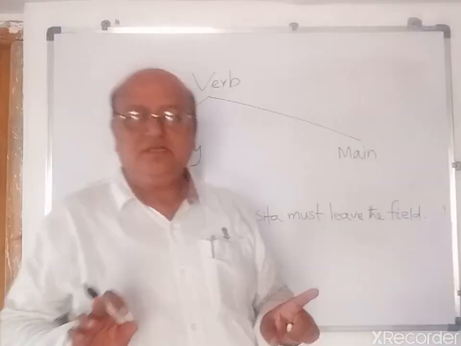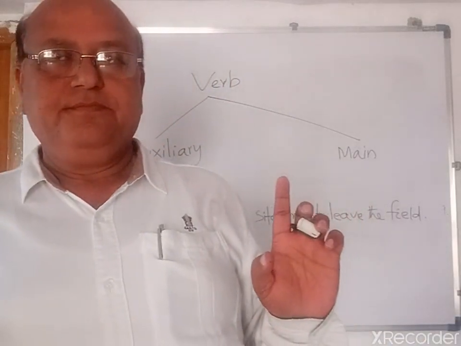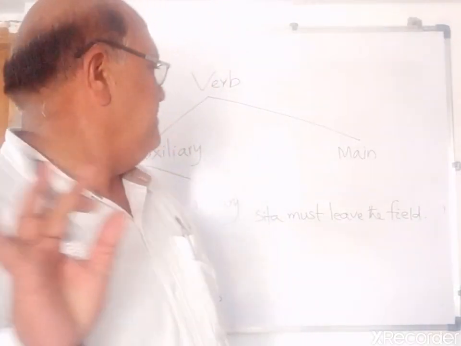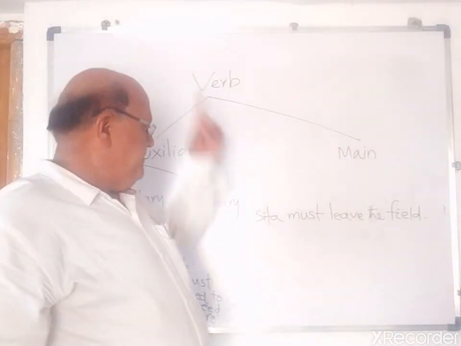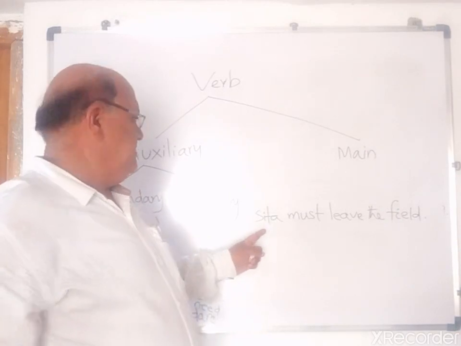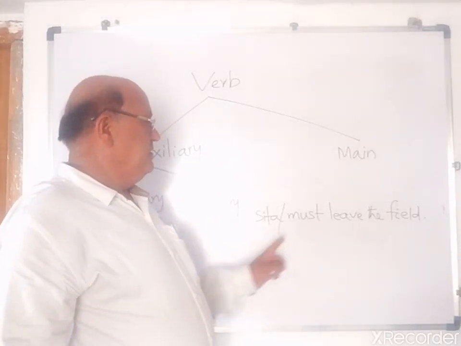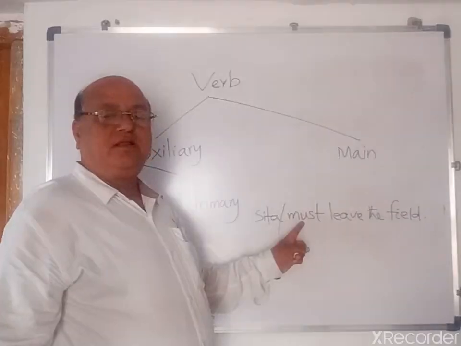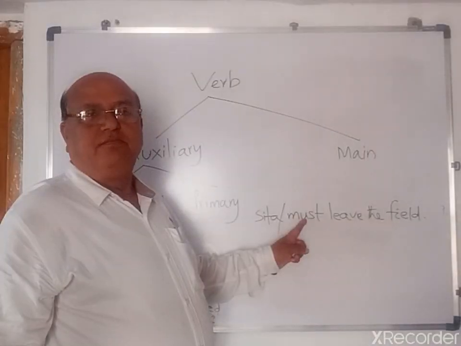The question is, change the tense of the verb. What we have to do? Go back once again. Subject, predicate. Sita is the subject. Then we have the predicate. First one, must. This is a verb.